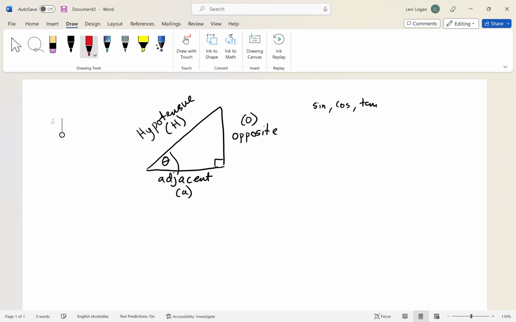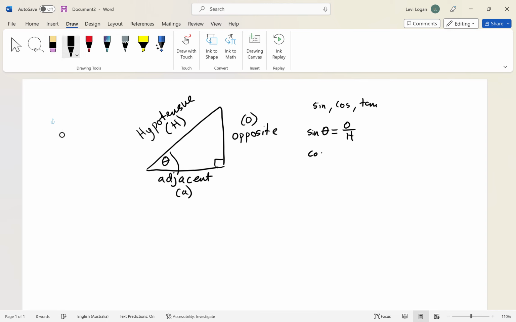You need to have an angle there. So sine theta is equal to opposite over hypotenuse. So sine of whatever angle is in here is equal to the opposite side divided by the hypotenuse. This is for right angle triangles.